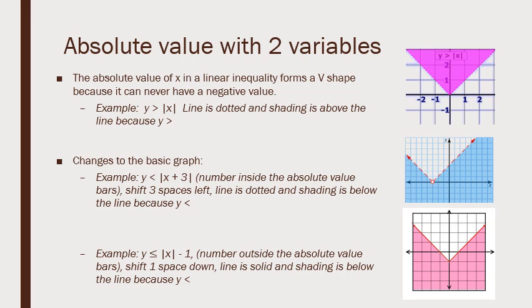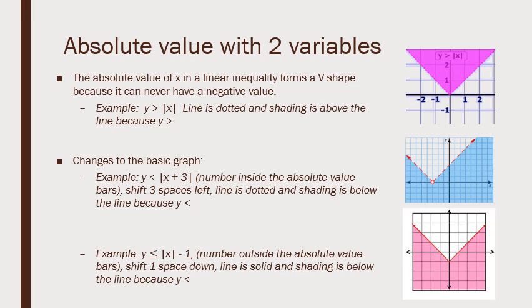The line is dotted because y can't equal the absolute value of x, but that is the boundary between the shaded area and the non-shaded area. So just as if I had set up y equals the absolute value of x. Now, this one will be shaded above the V because it says y is greater. Okay, that's the basic graph of y is greater than the absolute value of x.